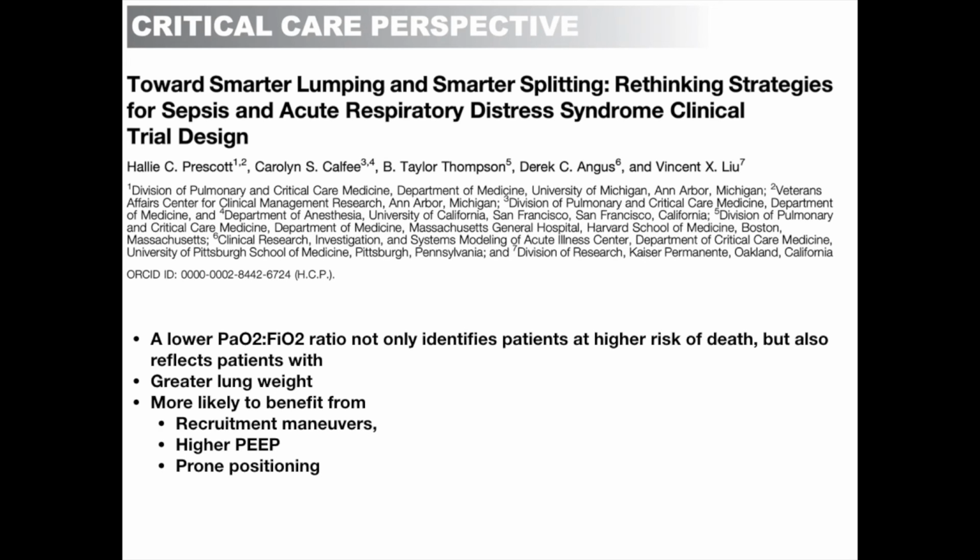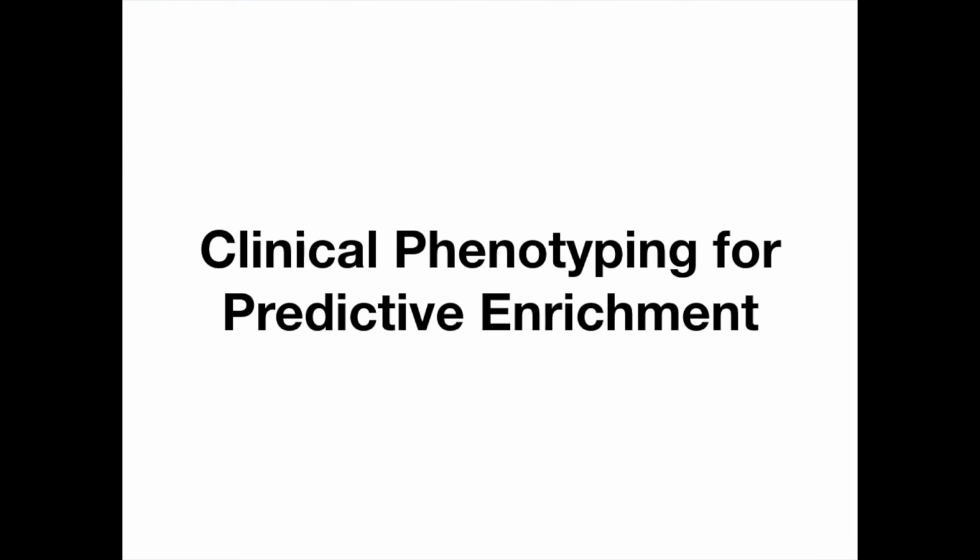So it is always better to do these trials, which are focusing mainly on the lungs, on patients who have a worse disease, because patients with less severe disease may have harmful effects of these maneuvers.